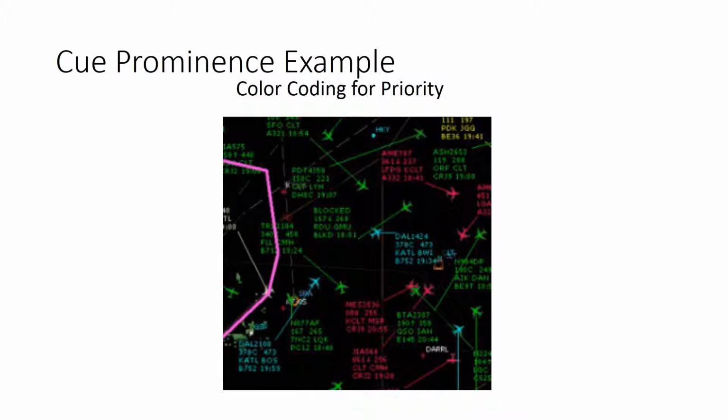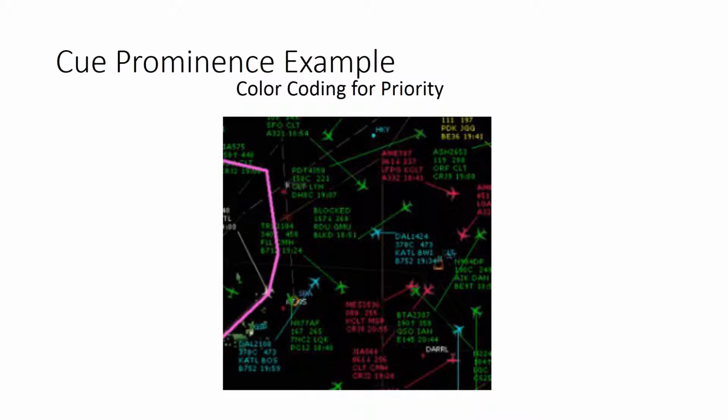So what the display is doing is it's color coding the different aircraft according to priority order. Which aircraft are in particular need of some sort of intervention, some sort of interaction by the air traffic control operator? Which aircraft do need to be redirected or need to be coordinated with?